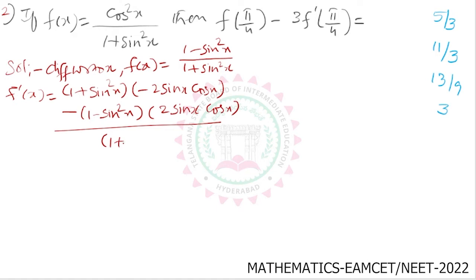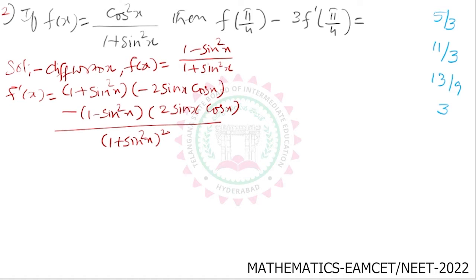that is (1 plus sin square x) whole square. Why I have converted into sin square x means it is easy for me to substitute the values. I want the value of f dash (pi by 4) and f(pi by 4). Okay.